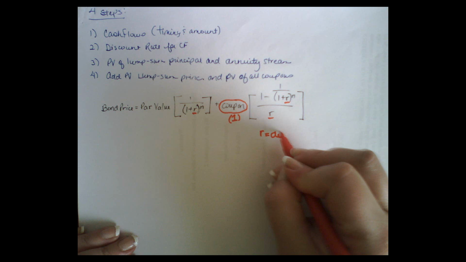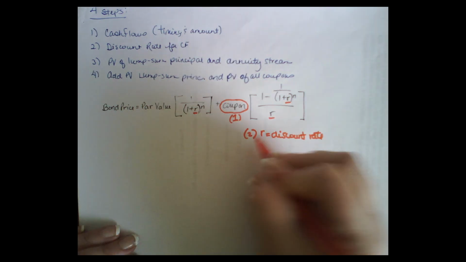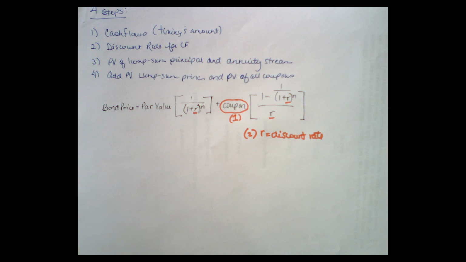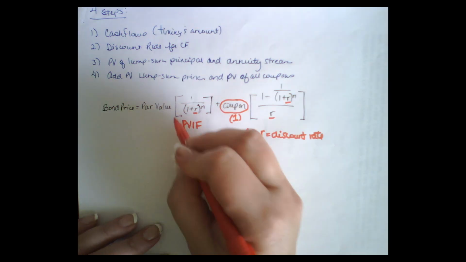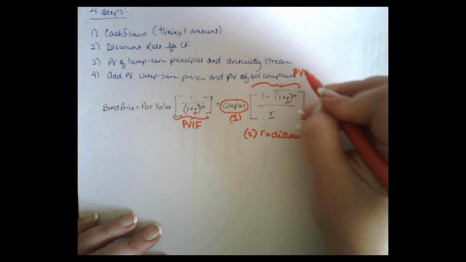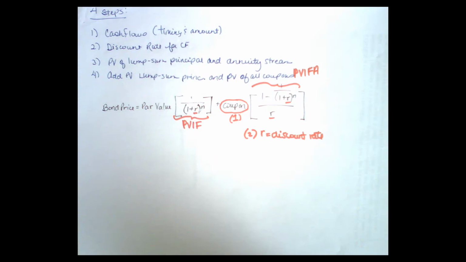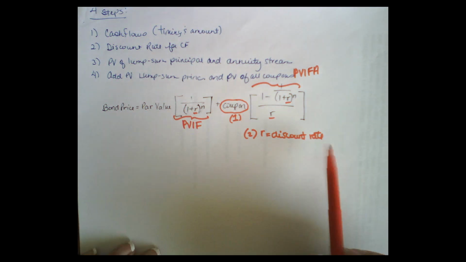So r is our discount rate, and that takes care of step 2. The third step is to find the present value of the lump sum principal and the annuity stream. Step 3 is represented by the present value interest factor and the present value interest factor of an annuity. That's this part of the problem here, and this part right here is the present value interest factor for an annuity, and it should all come together rather nicely.